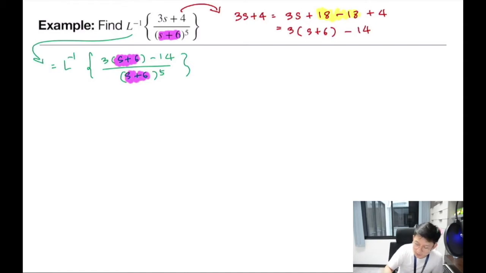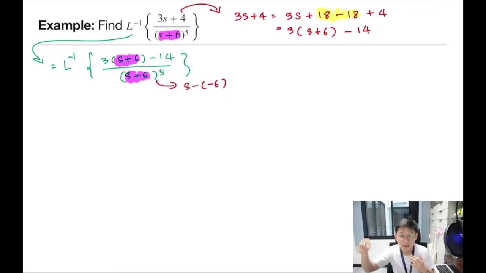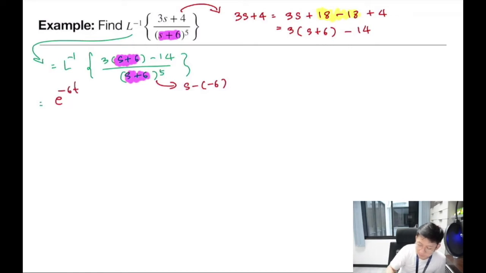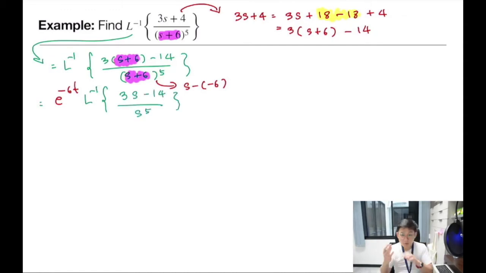We know that is actually s minus a, right? So it shifted s to s minus a, so we want to shift it back. Using the first translation technique, we get e to the minus 6t, L inverse of 3s minus 14 divided by s to the 5. See, we shift it back.